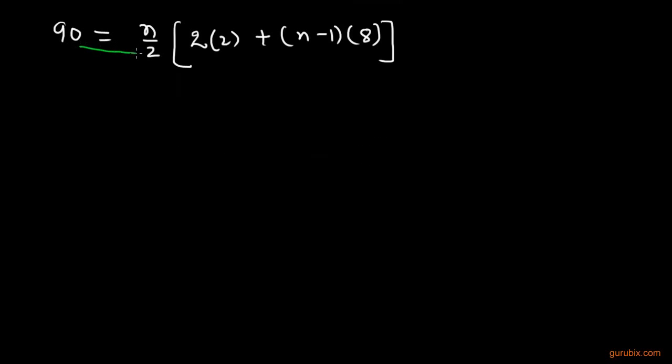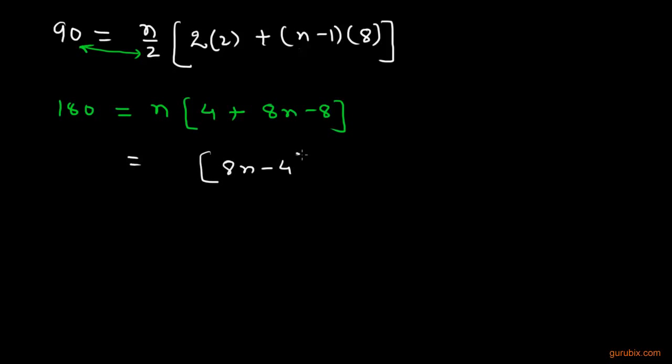Now we shall multiply this 2 with 90 to get 180. Here is n multiplied by 2 into 2, which is 4, and when we multiply n minus 1 by 8 we get 8n minus 8. Now we shall solve the values in the bracket. This means it equals 8n minus 4, and here is n, here is 180.